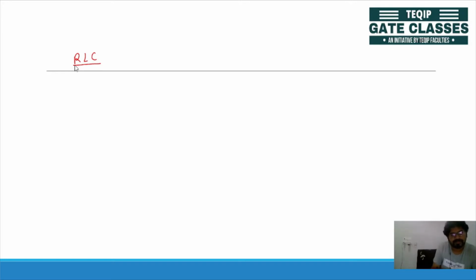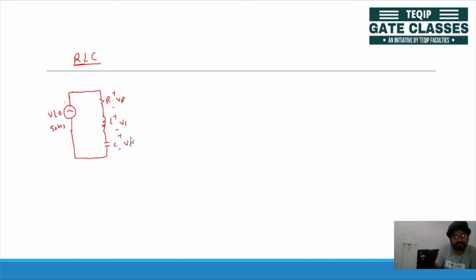So when we discuss the RLC circuit, suppose we have a supply voltage here V angle 0, 50 hertz, you got R here, L and C. This is R, this is L, and this is C. So voltage across R, let's say VR, voltage across L, let's say VL, and voltage across C, let's say VC. This is our current.